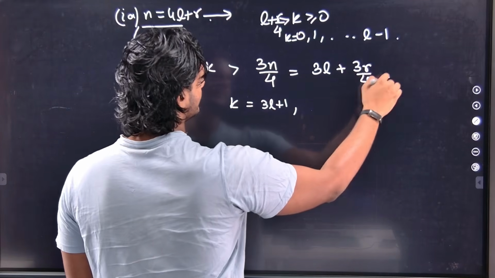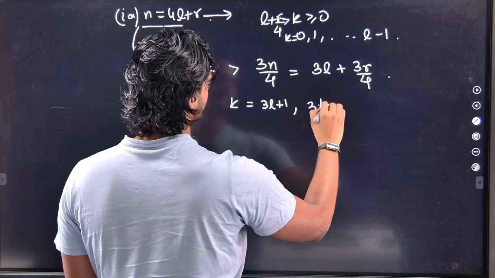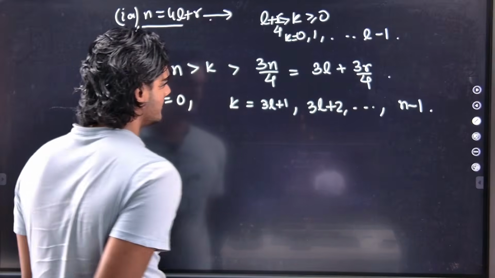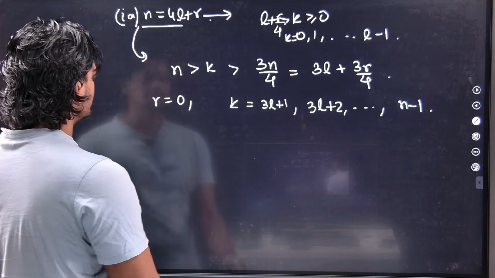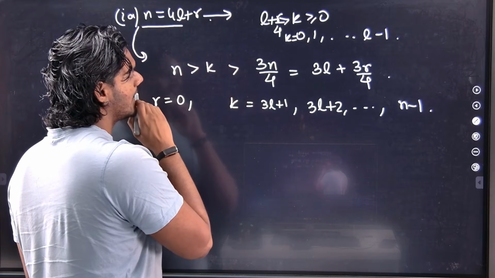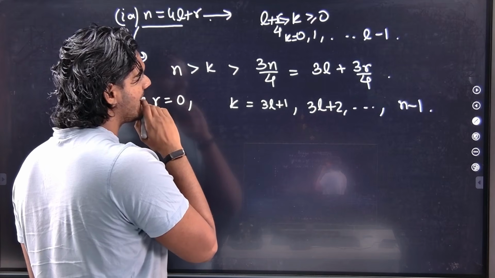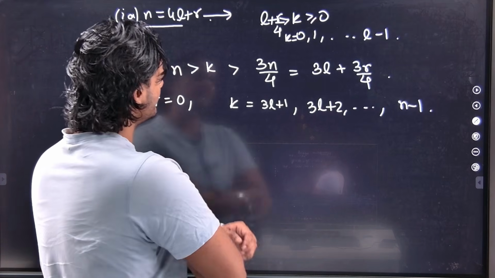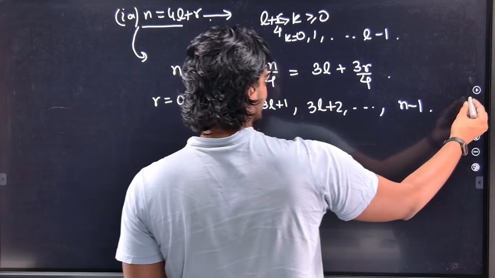Because it is more than that. 3l plus 2, and so on till n minus 1, which is 4l plus r. I don't know how it is different. Would it be different if r was non-zero? I don't think so.